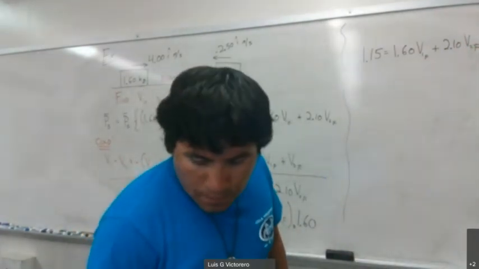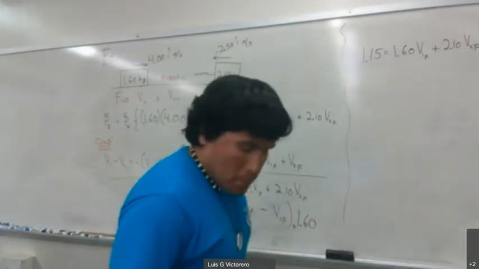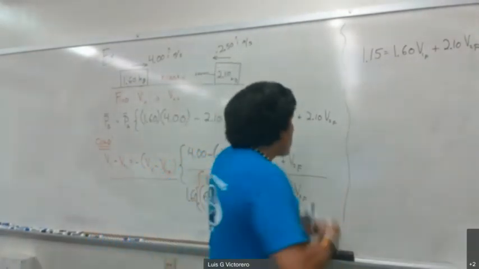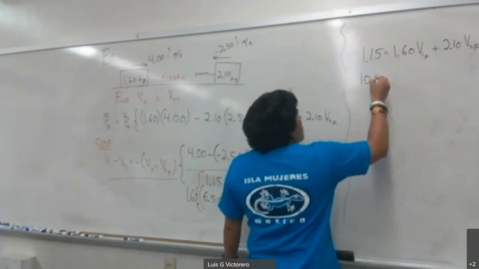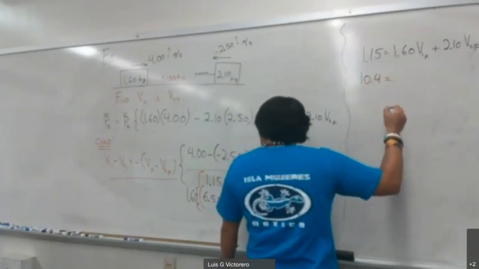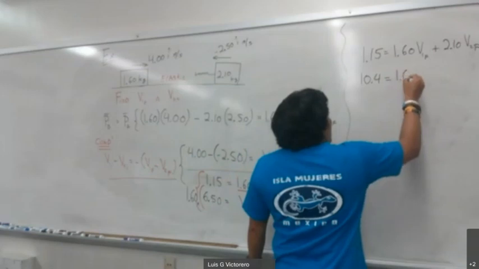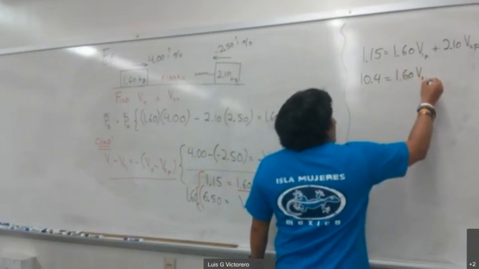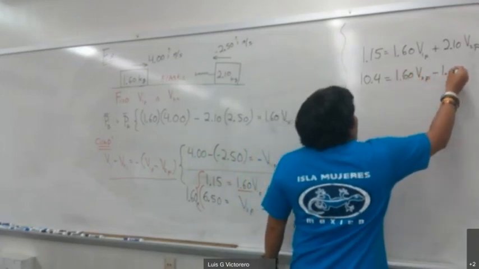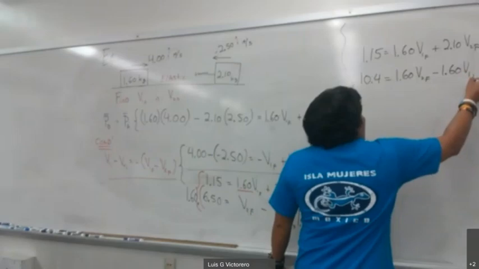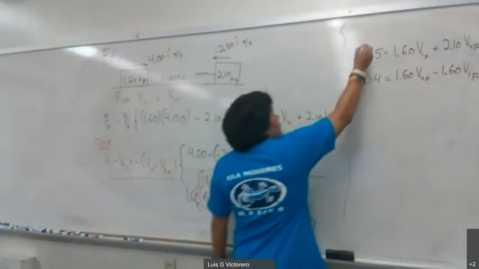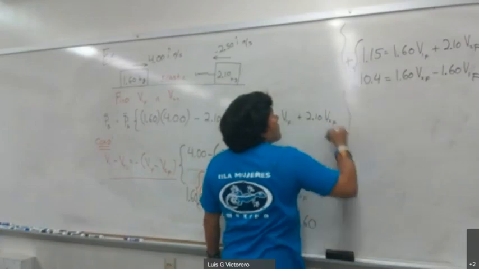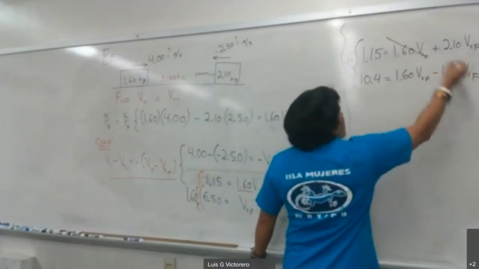Second equation from this: 10.4 equals to... If I add the equations now, this cancels with that.